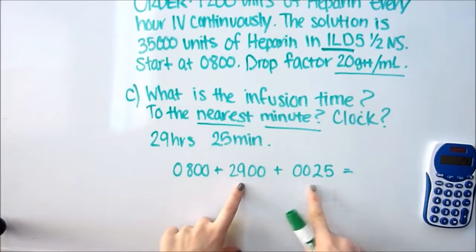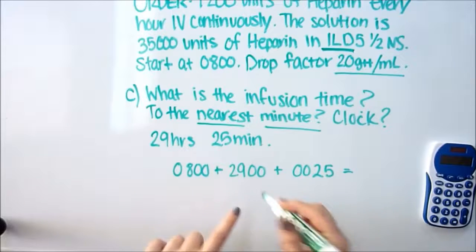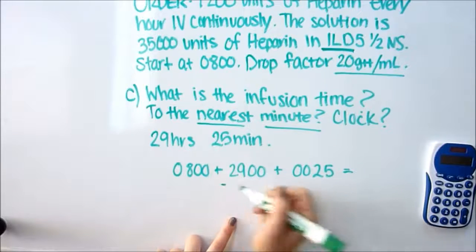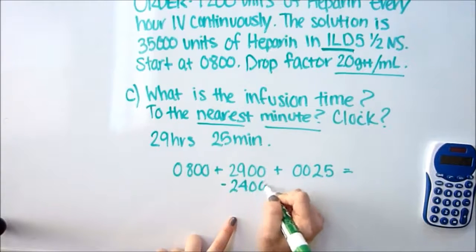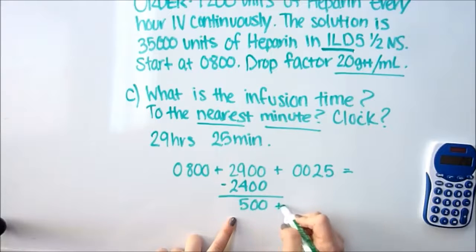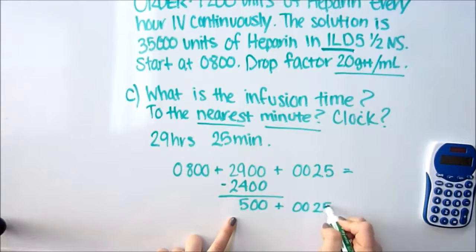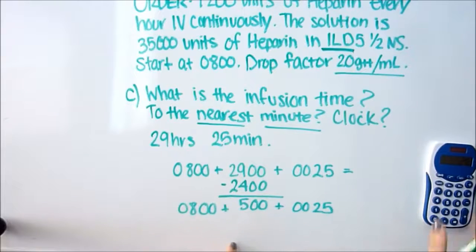Now 29 hours, we already know that 24 hours is in a day, right? And this is over a day. So we're not going to add all of it up. Instead, we're going to subtract 2400 from this so that gives us an easier number to work with. So we already know that it's been one day, right?